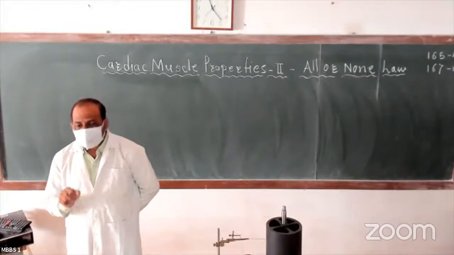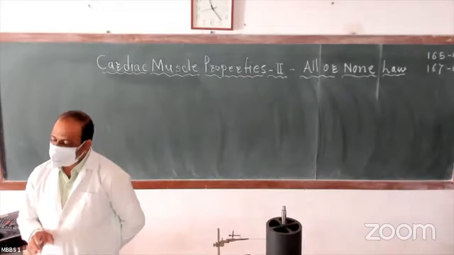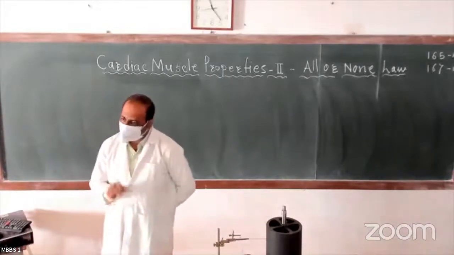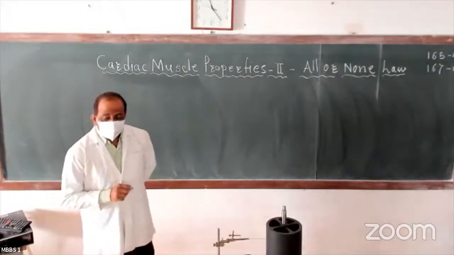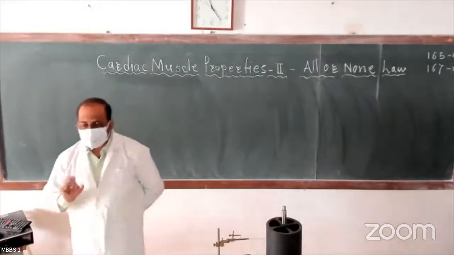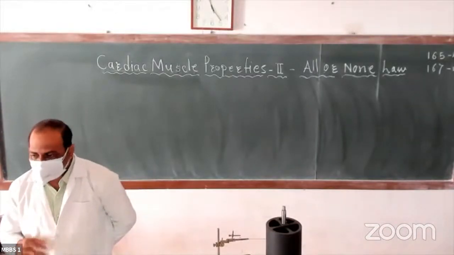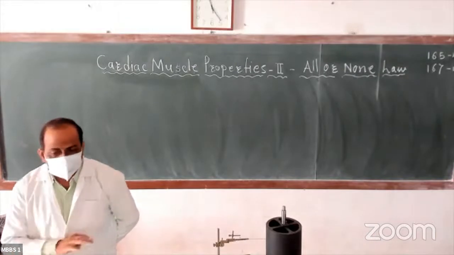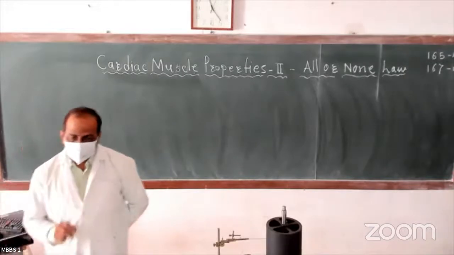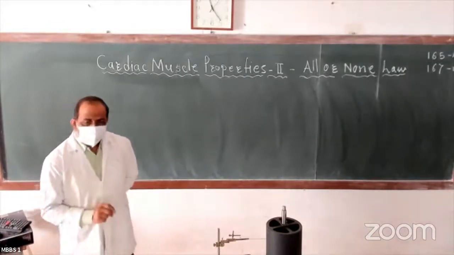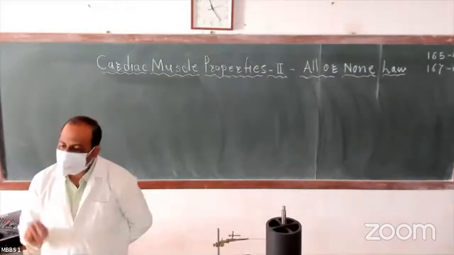Now, whatever muscle unit has given the response, that is the all phenomenon. Again, we increase the strength of the stimulus, and there is no increase in the height of contraction. Again we increase the strength, and there is no increase in the height of contraction. It indicates that at a specific threshold strength of the stimulus, all muscle fibers contract simultaneously. This is called the all phenomenon.